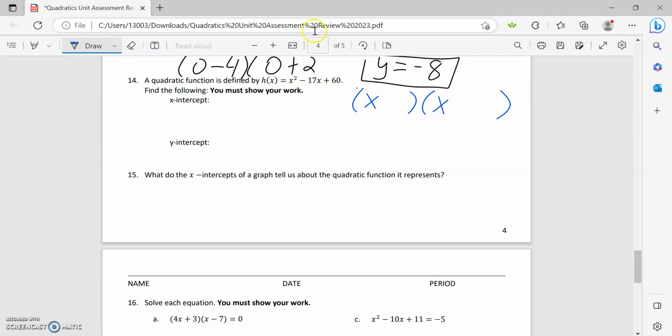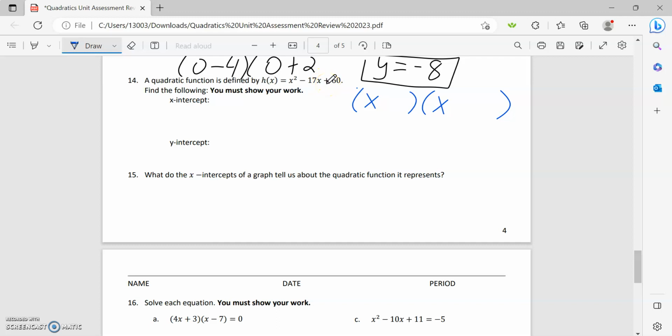There's a little trick: I know the signage of my parentheses by looking at standard form. If the ending number sign is positive, then both signs of my parentheses must be identical. They can both be positive or they can both be negative. They have to be the same sign if this is positive.